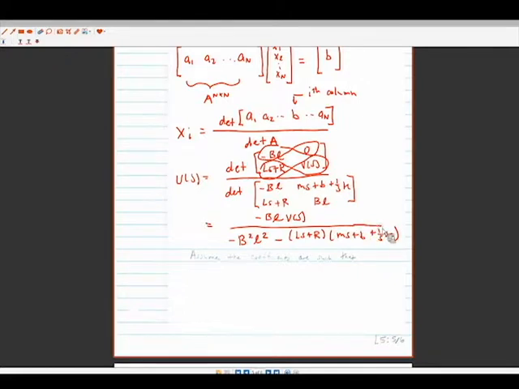Okay, you may notice that there's negatives everywhere here, so I can just turn all those to a positive. Let's cross it out for a second, and then we can expand this out.